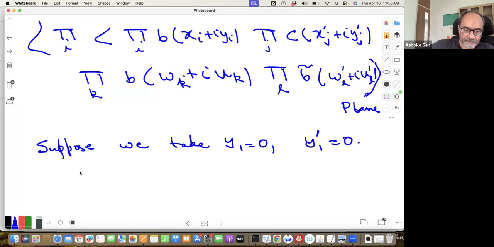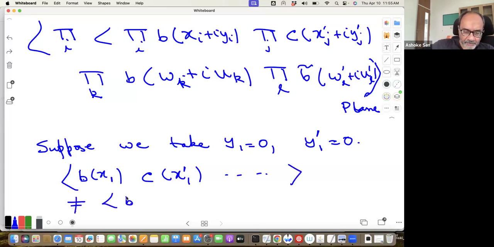Then we have something like B of x1, C of x prime 1, and then the other things. This is not in general equal to B tilde of x1, C tilde of x1 prime times other things.